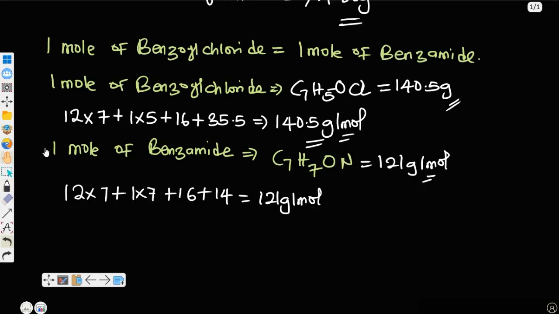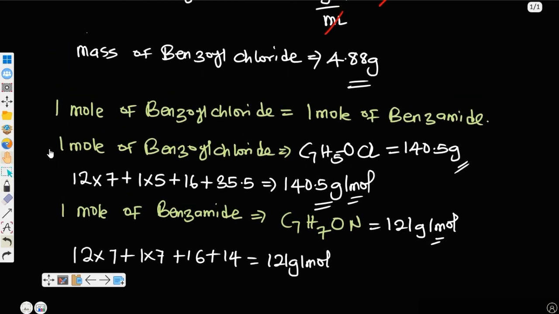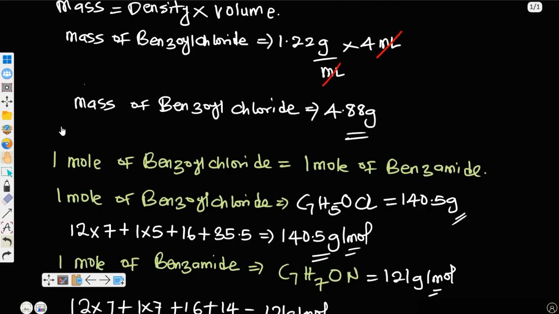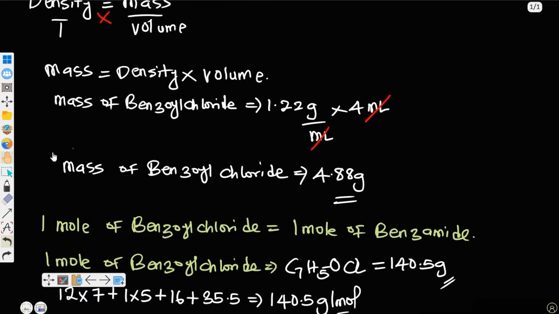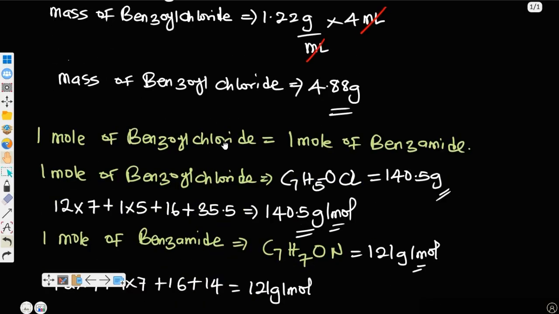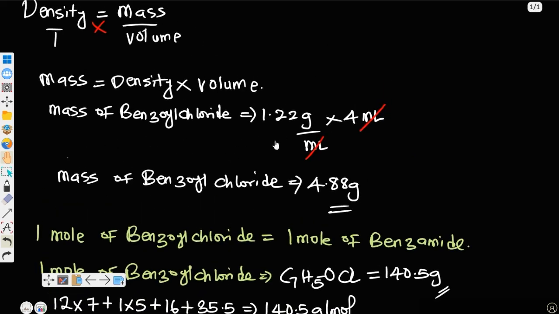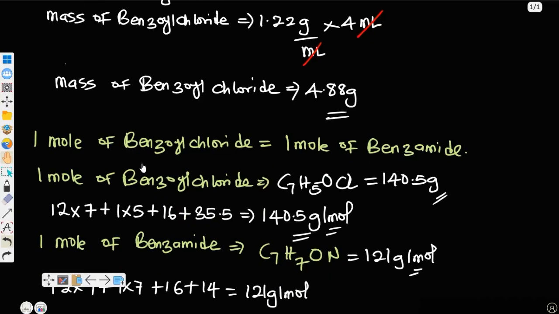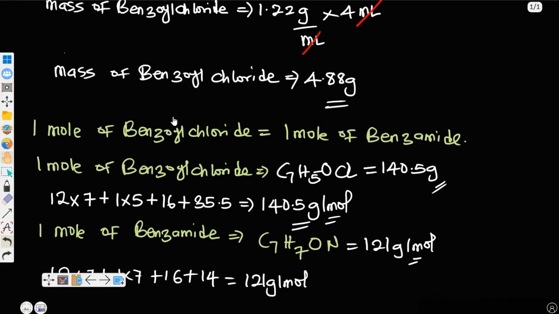What was the mass that was given? The mass of benzoyl chloride that reacted, which we calculated, was 4.88 gram. You know how we calculated the 4.88 gram: from mass equals density times volume. Is that okay? If 1 mole of this equals this, that means the mass of benzoyl chloride is supposed to give us X gram of benzamide.